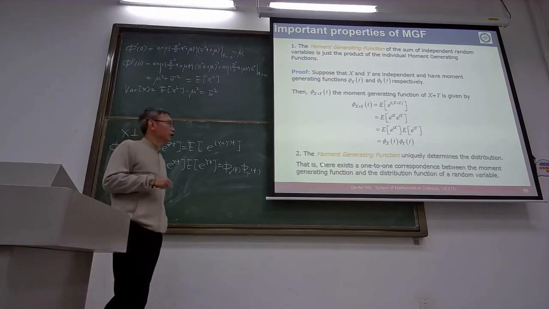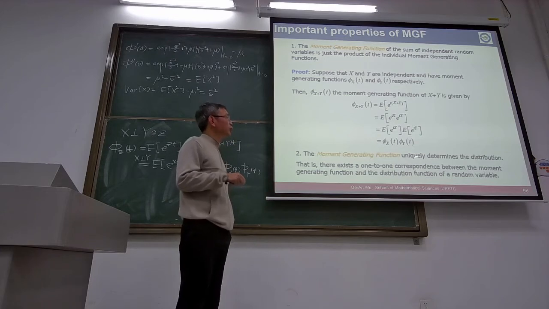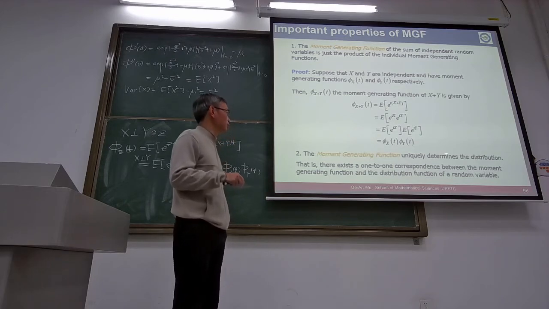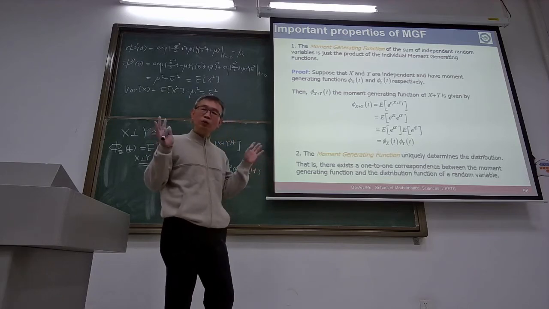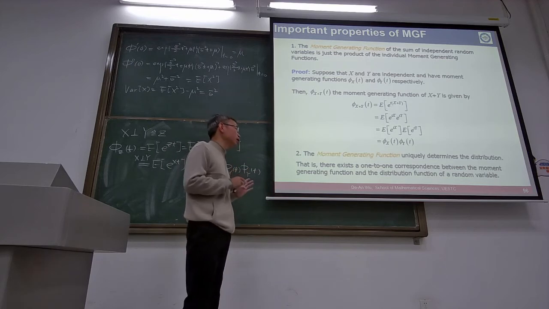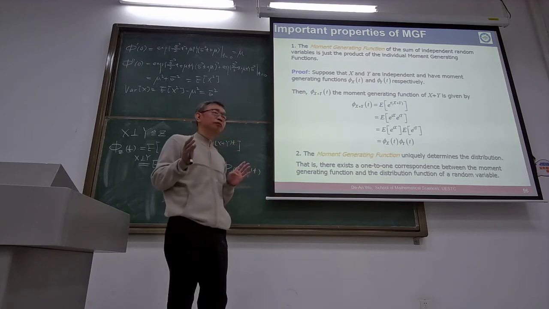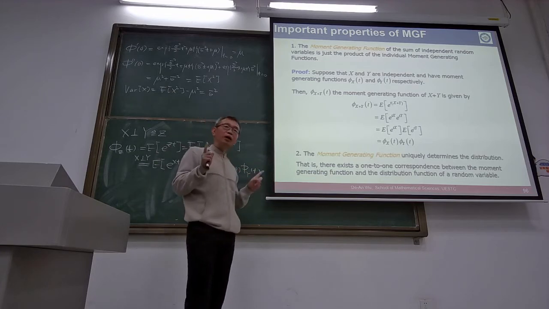That is, the moment generating function uniquely determines the distribution. That is, there exists a one-to-one correspondence between the moment generating function and the distribution function of a random variable. The keyword is one-to-one correspondence.